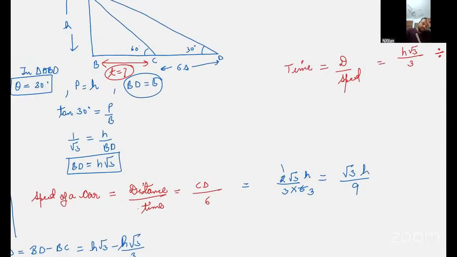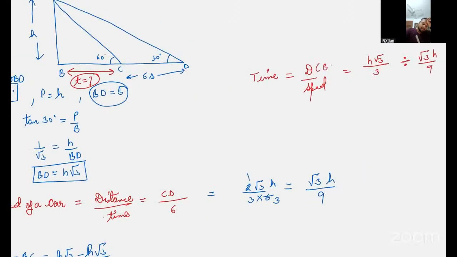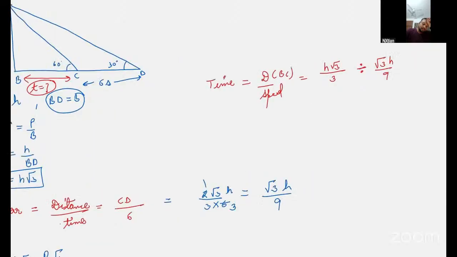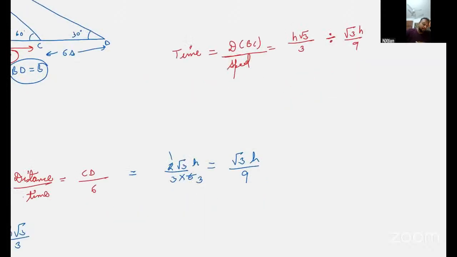The distance is BC distance. BC distance is h root 3 by 3, divided by the speed. The speed is root 3h by 9. Did you understand what I did?